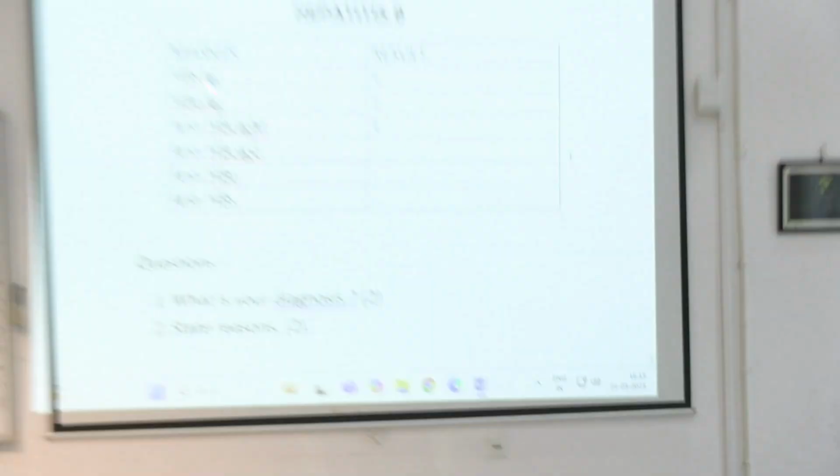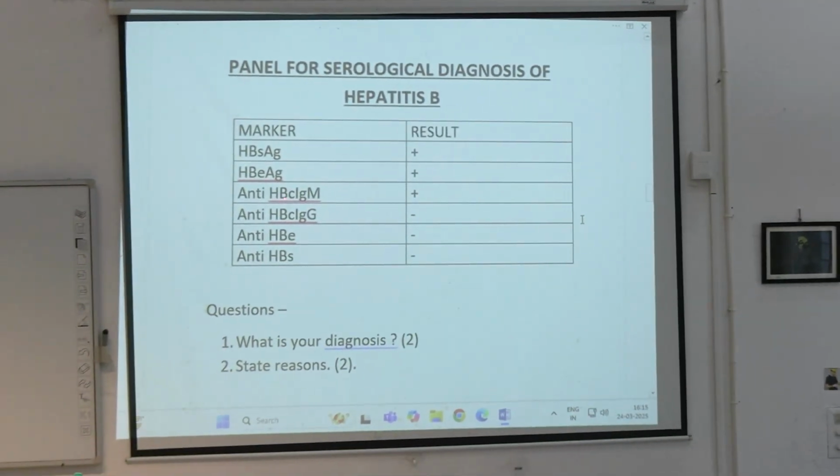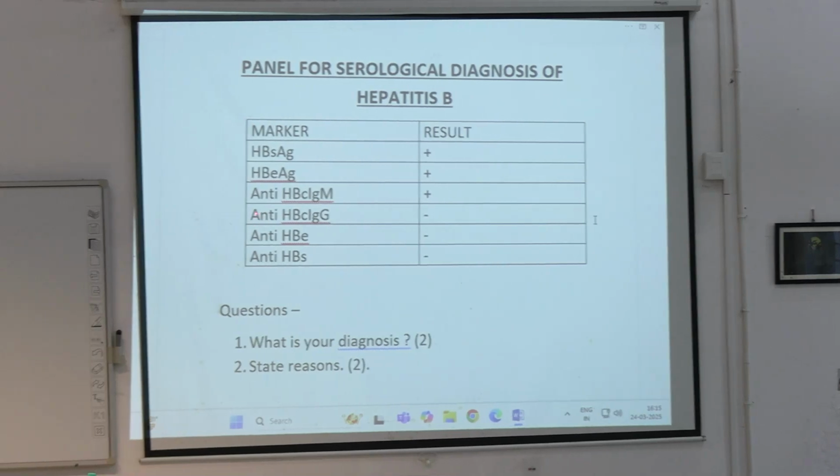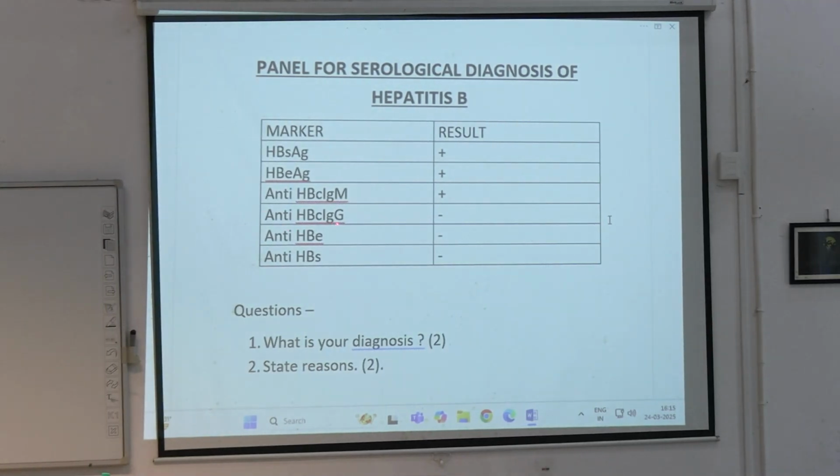So this is a case of active infection of hepatitis B, because of the presence of antigen, both HBsAg and HBeAg, but absence of anti-HBc IgG, that is the long-term antibody response against hepatitis B, anti-HBe, anti-HBs. All are negative, but the antigens are positive. All antigens are positive, and IgM also positive.